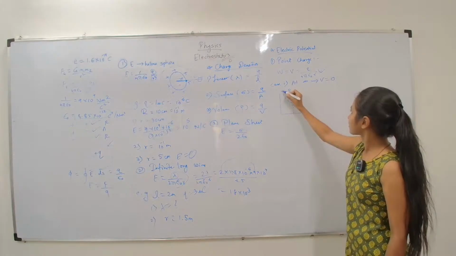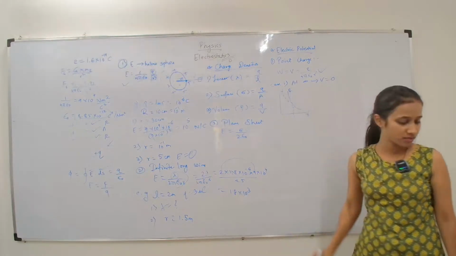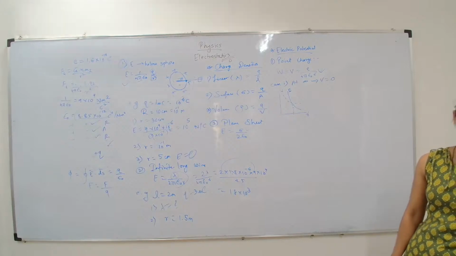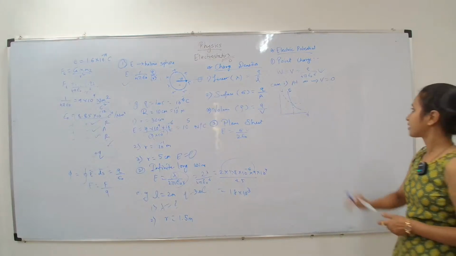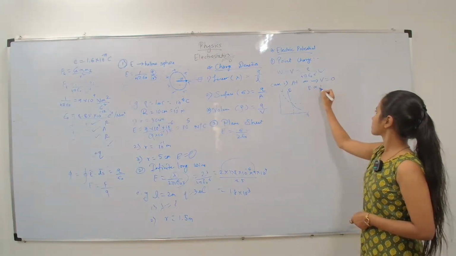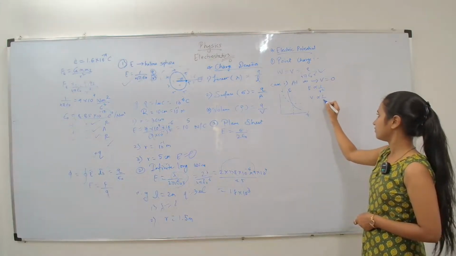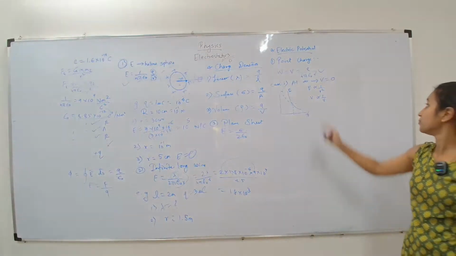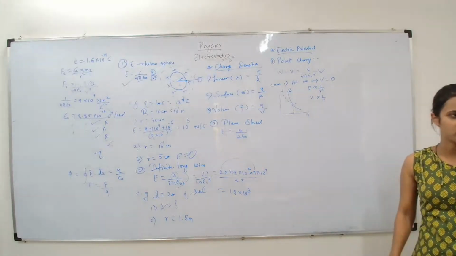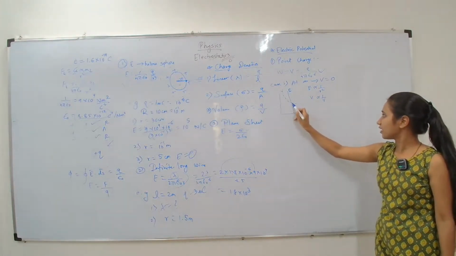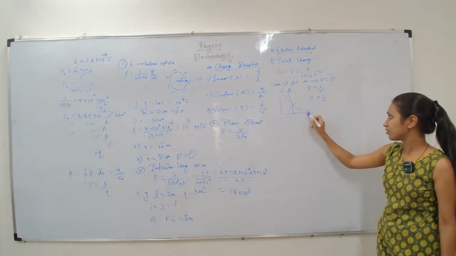This is E and this is V. The bold line is telling you about the electric field and the dotted line is for electric potential. So electric field is always inversely proportional to R square, whereas electric potential is always inversely proportional to simply R.